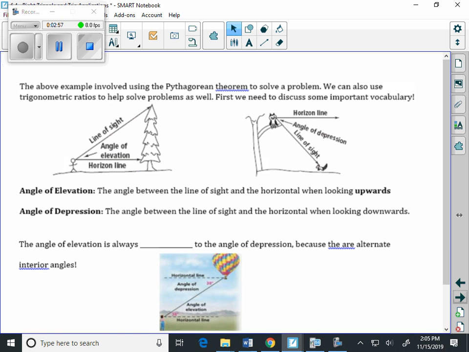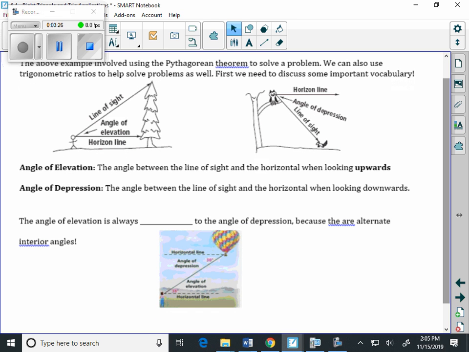And we have pictures up here, the angle of elevation to the left and the angle of depression to the right. The thing about the angle of elevation and the angle of depression is that they're formed with a horizontal. So over here at the angle of elevation, our horizontal line there, and in the angle of depression, our horizontal line is up, and we're looking downward.